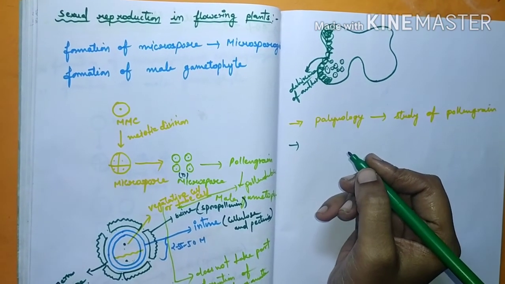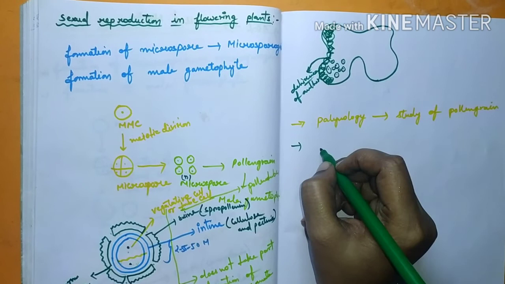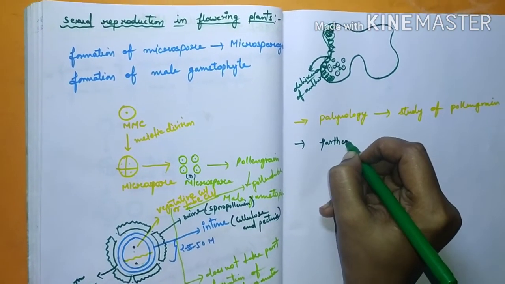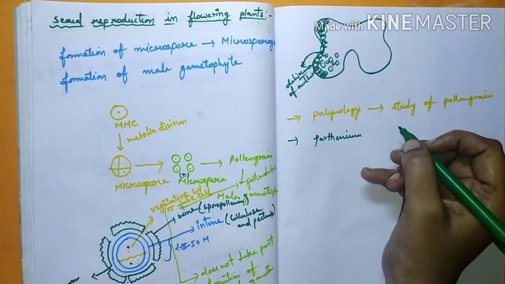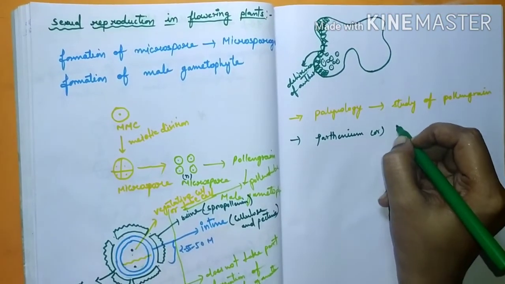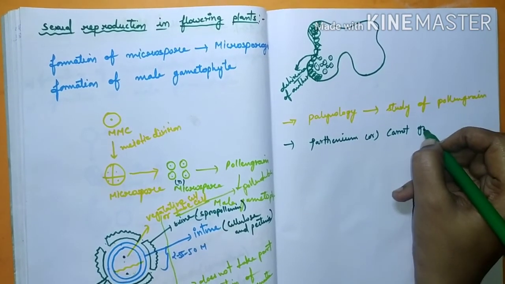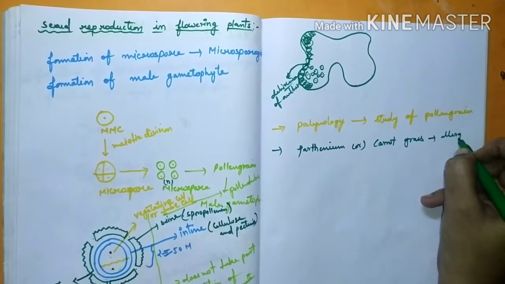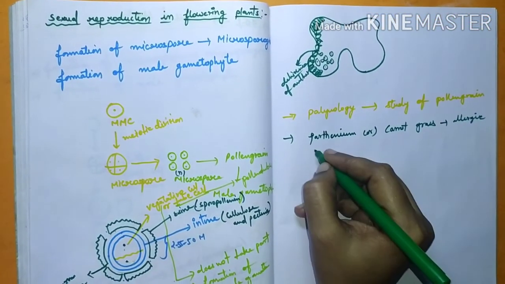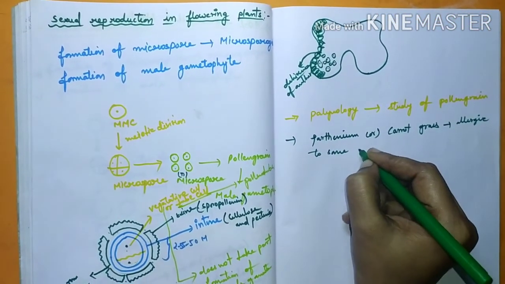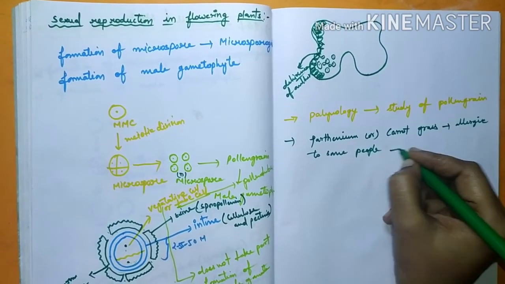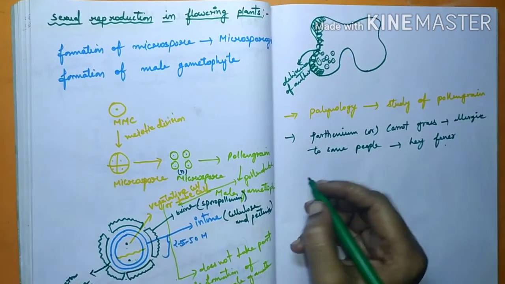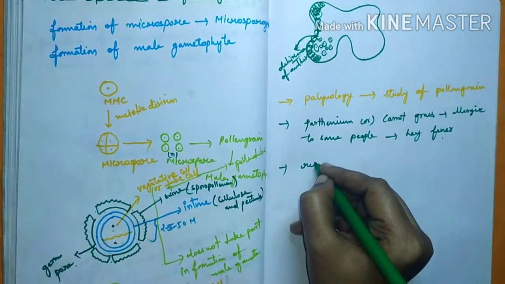For example, Parthenium, or carrot grass, is allergic to some people, which causes hay fever, and this one causes some respiratory disorders.